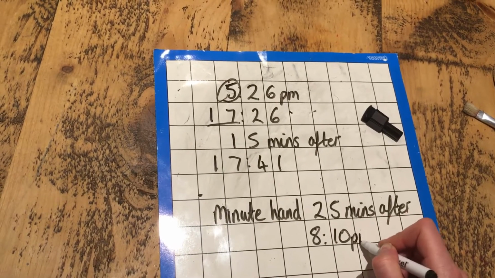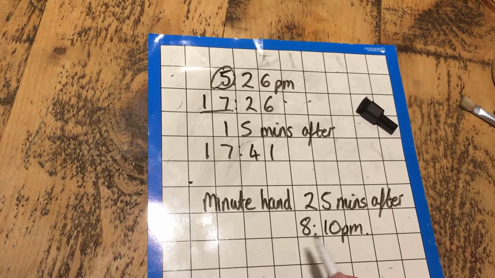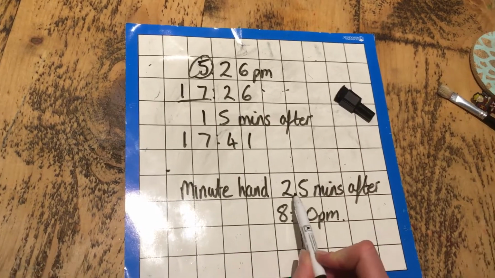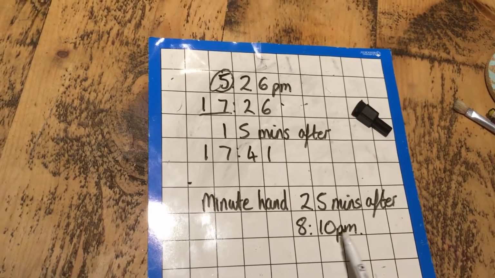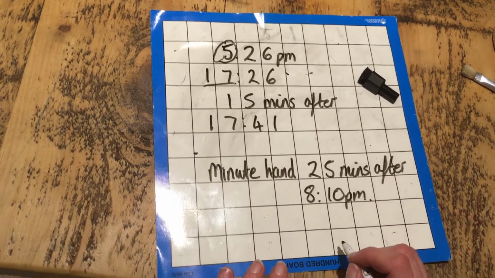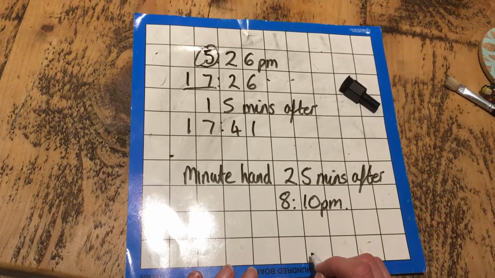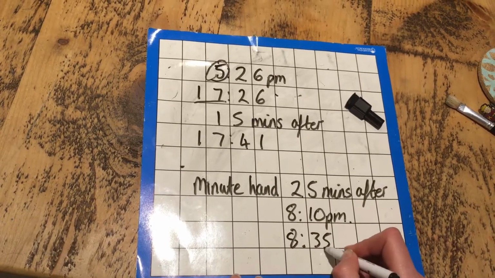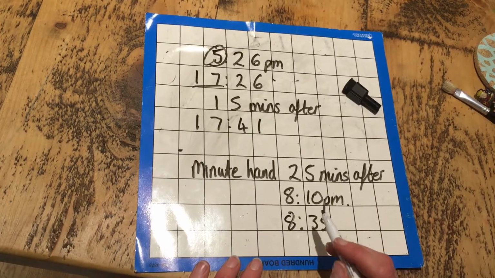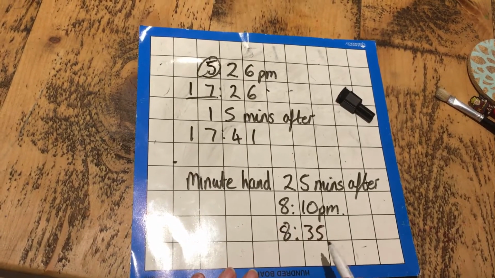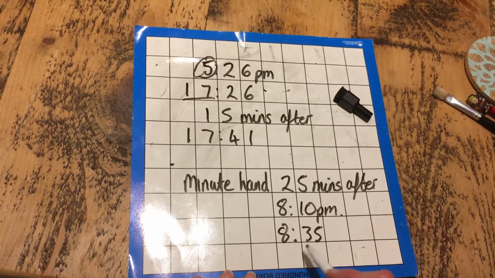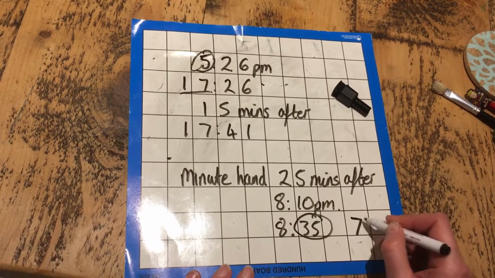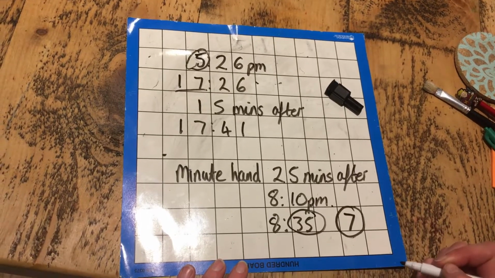What number is the minute hand pointing to 25 minutes after 8:10 p.m.? Now, if you put 8:35, your answer is wrong because I asked you what number the minute hand is pointing to. The time will be 8:35, so the minute hand will be pointing to the number 7 on the clock.